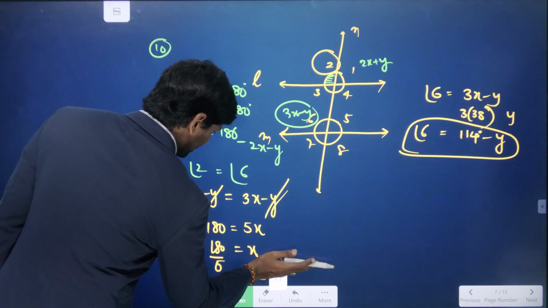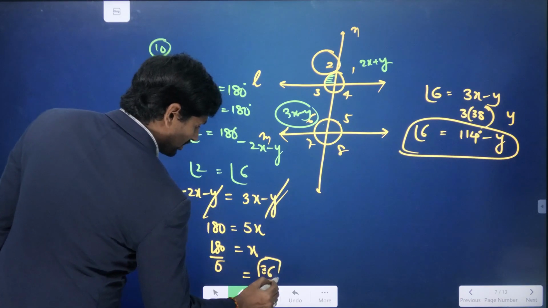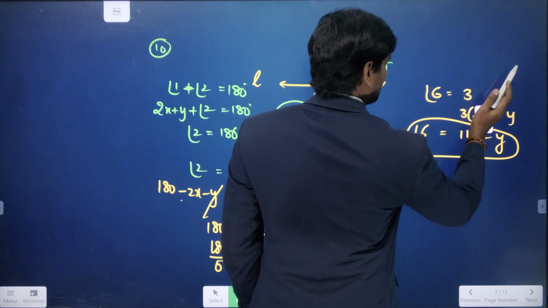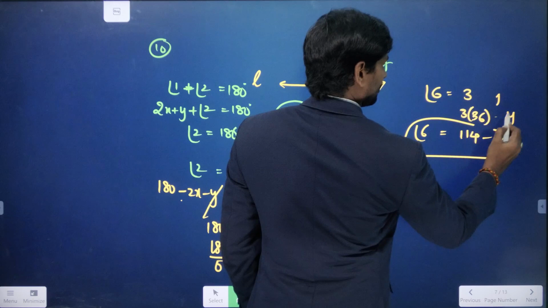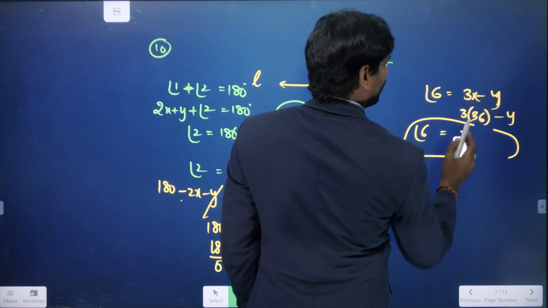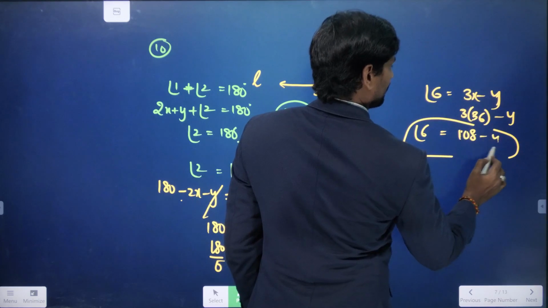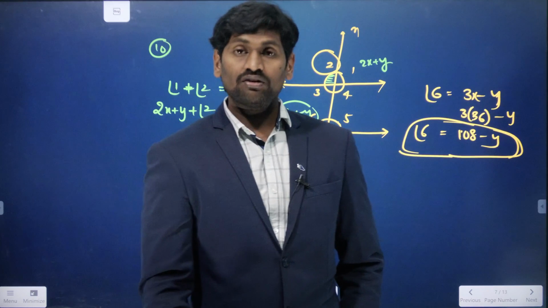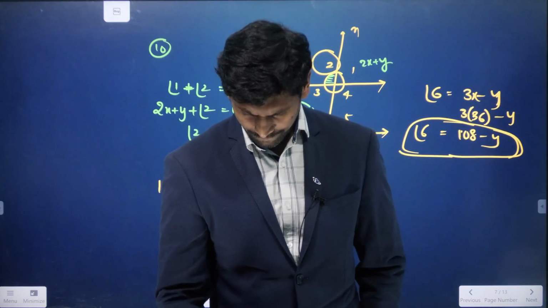Yeah, it is 6, right? 36 times. Sorry, it is 36 times actually. Now here we should write 36. So 108. Option 1. Okay, now angle 2 value is nothing but 108 minus y.